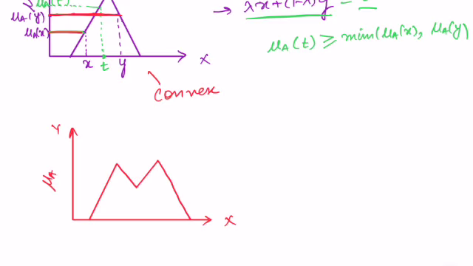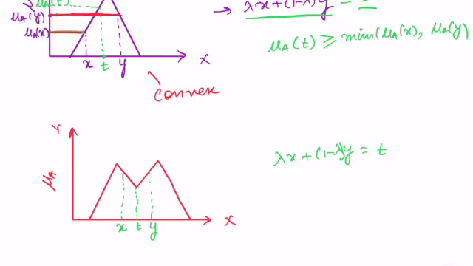Now let us take 2 points. Let one point be somewhere here, x. Let another point be, say, here, y. Let us take a linear combination lambda x plus 1 minus lambda y such that it lies here. Let this be, say, some t.